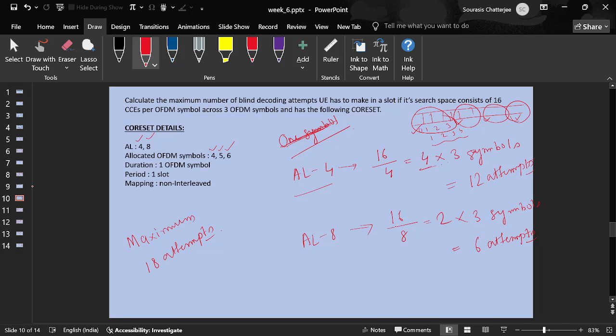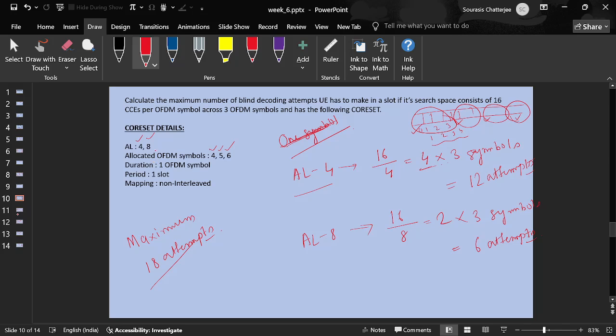So there are only two possible candidates per OFDM symbol, that is 16 over 8. And across three symbols, there are a total of 6 attempts. So at aggregation level 4, the user will make 12 attempts, and at aggregation level 8, the user will make a maximum of 6 attempts. So total 12 plus 6, 18 attempts it has to do to find its PDCCH information. So maximum 18 attempts here.